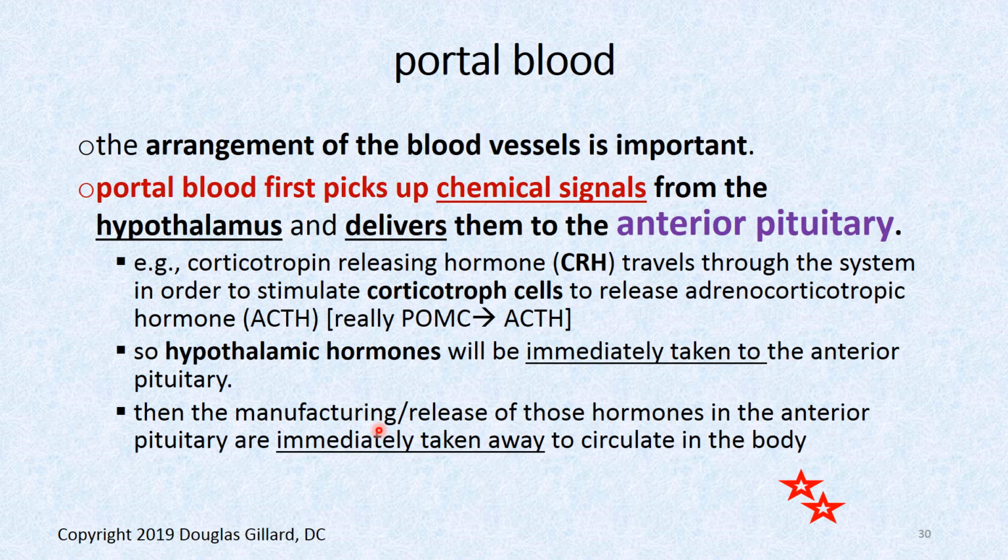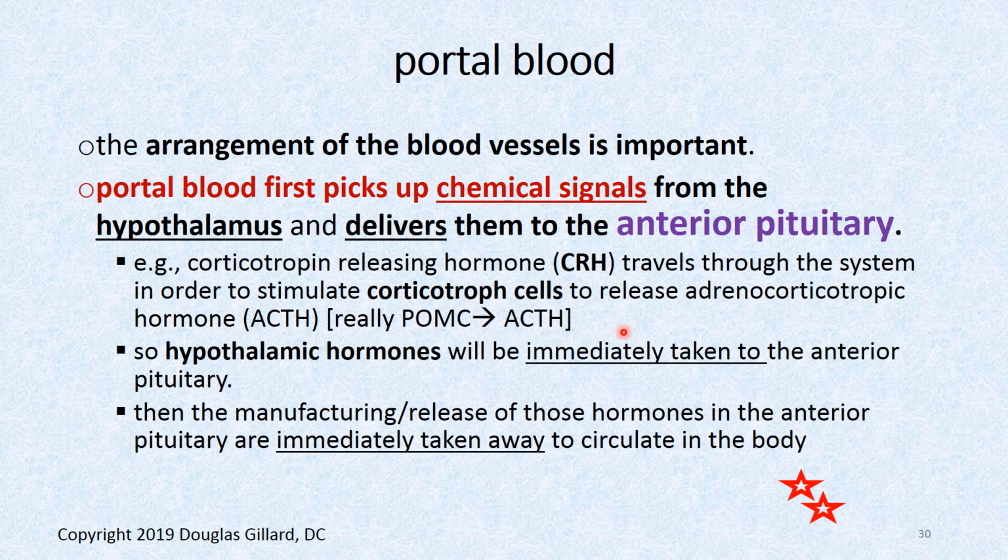So portal blood, the arrangement of this blood vessel is important. Portal blood first picks up chemical signals from the hypothalamus and then delivers them to the anterior pituitary. A perfect example, which we'll study a lot, is CRH, corticotropin releasing hormone, which is produced and goes down and stimulates corticotroph cells to make POMC, which makes ACTH.